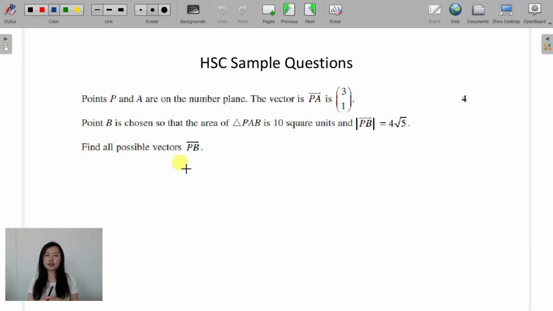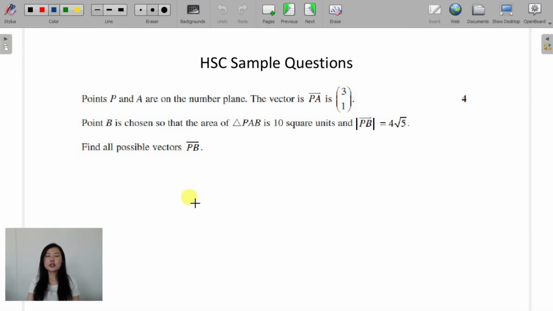So what we've got here is points P and A on the number plane. The vector PA represents the column vector (3, 1). B is chosen so that triangle PAB has an area of 10 square units. The length of AB is 4/5. Find all possible values of PB.